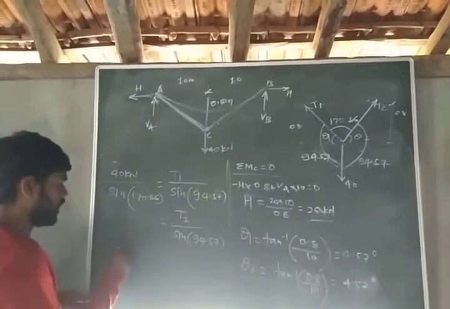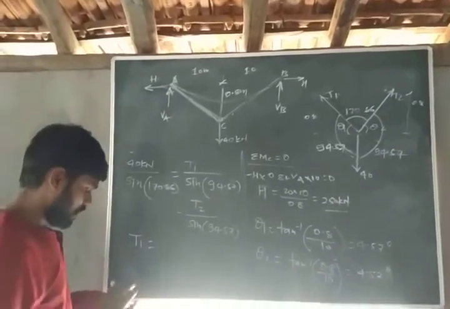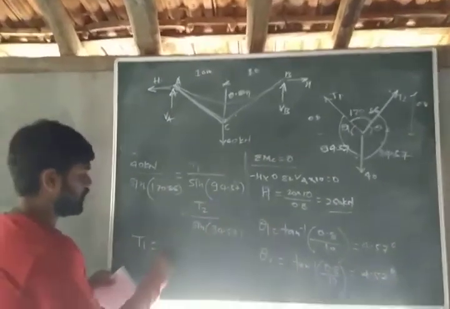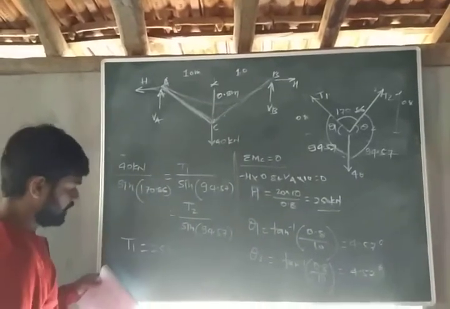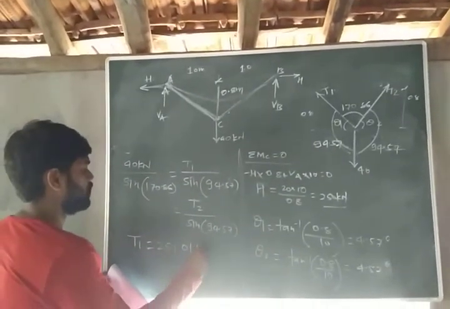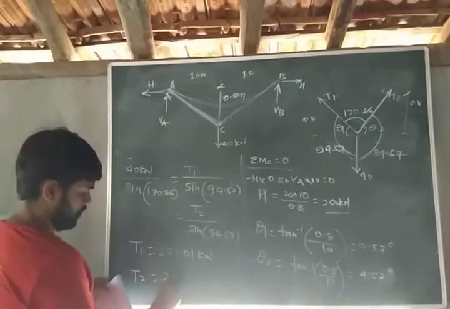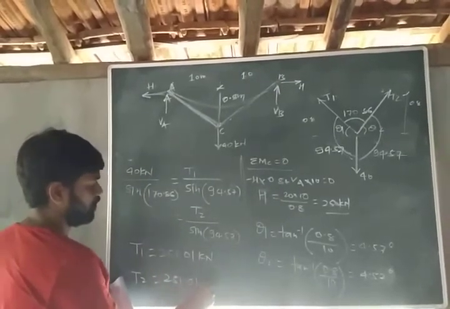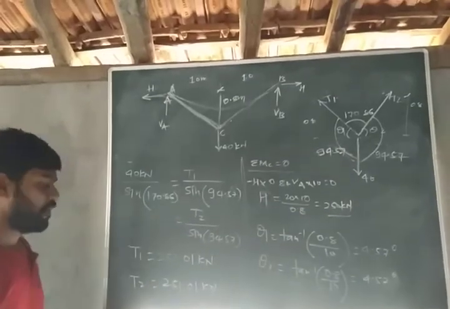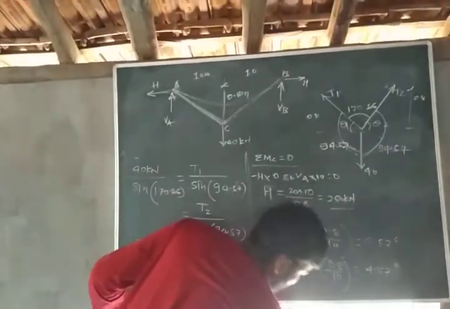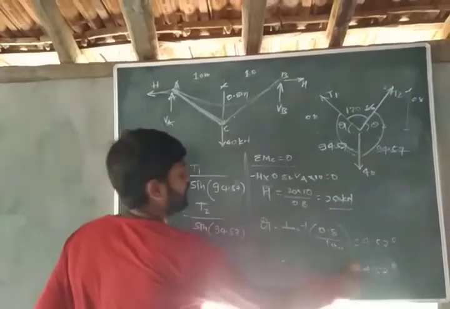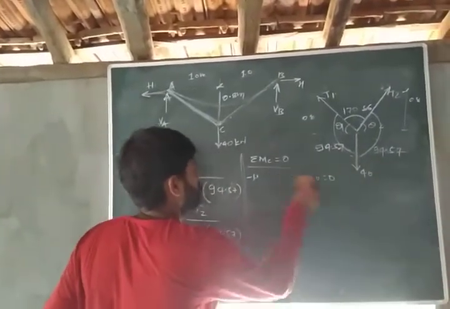So from this you can calculate the value of T1. T1 will be equal to 251.01 kilonewton and T2 is also 251.01 kilonewton. Okay. So we have calculated the tension in the cable at different segments.